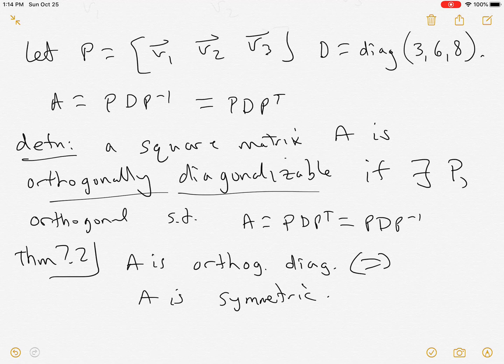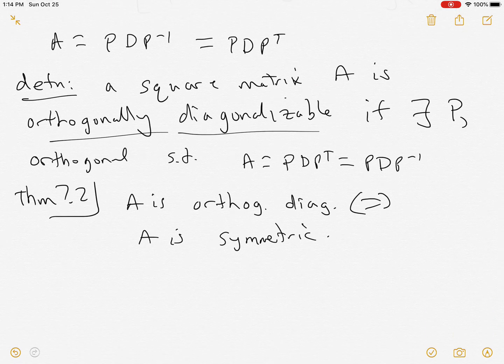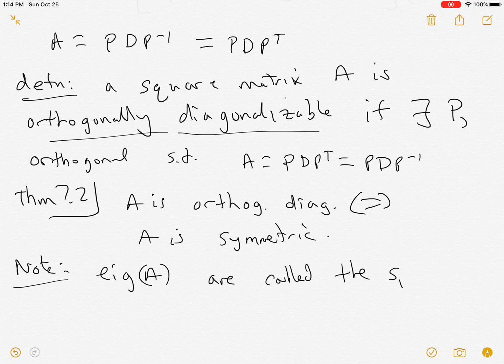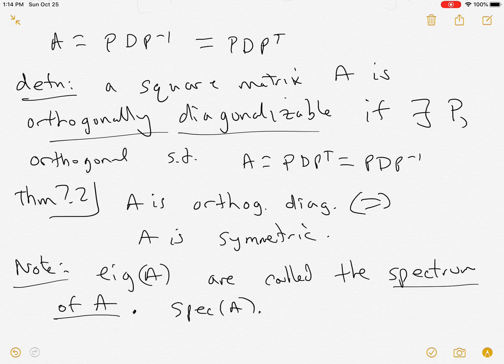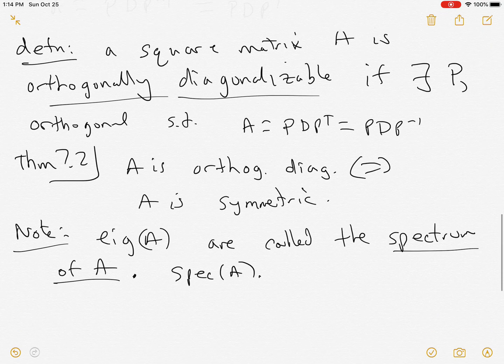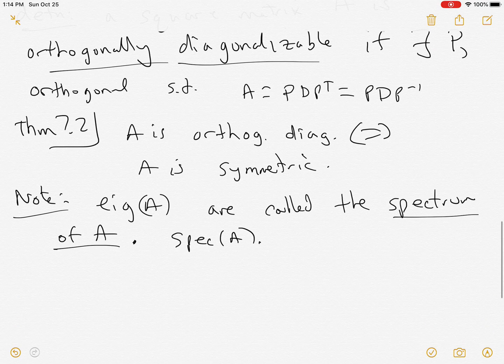Okay. Now when I got to upper division math courses, we stopped calling them eigenvalues, and the eigenvalues of A are called the spectrum of A. And your book doesn't use this notation, but my notes from college do, and it's written spec A. I probably won't use that because the book doesn't, or maybe it'll show up somewhere, but it just means the eigenvalues of A. And spectrum, well, there's a reason for it, but I'm not really clear on what that is.